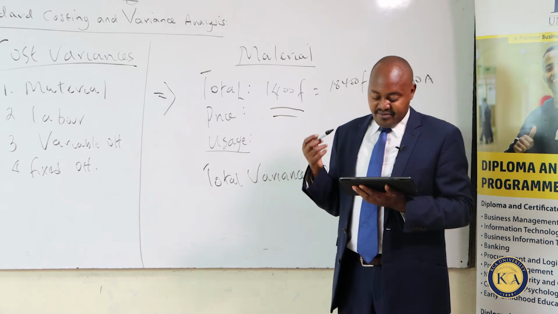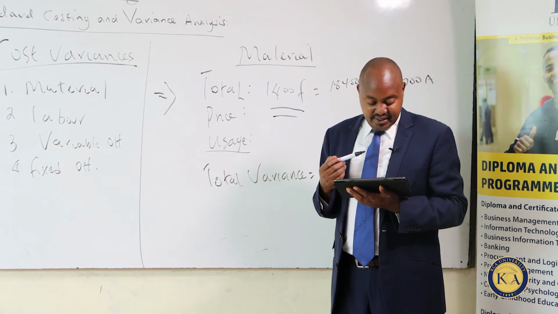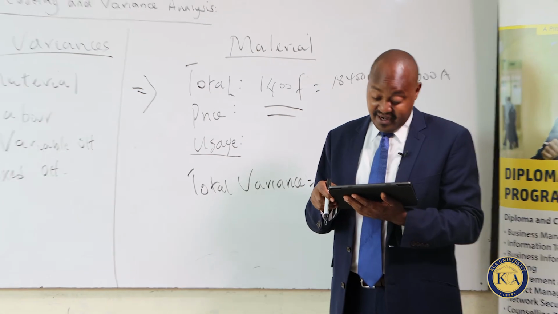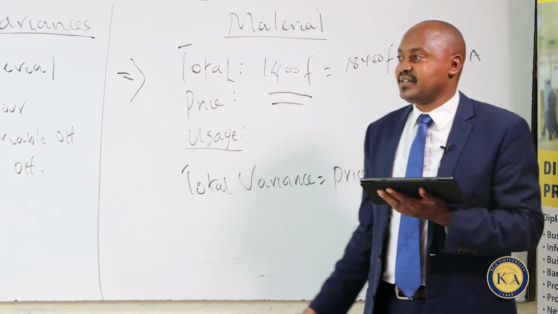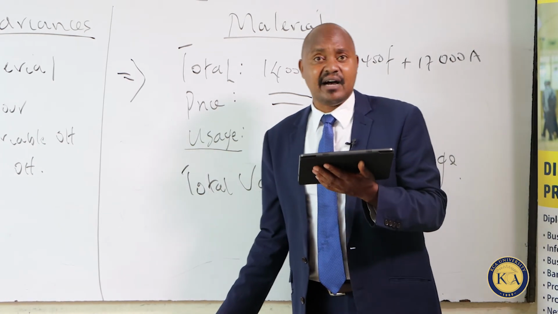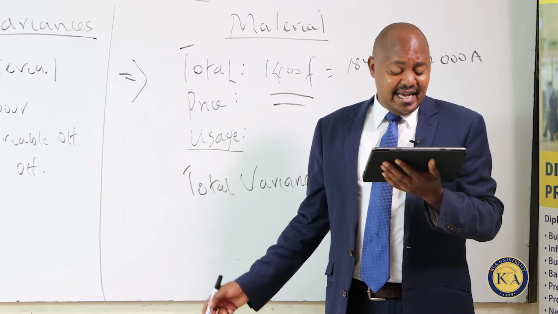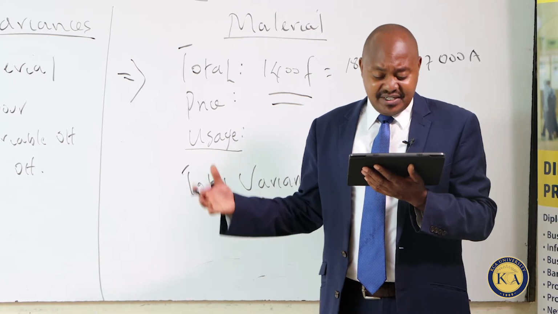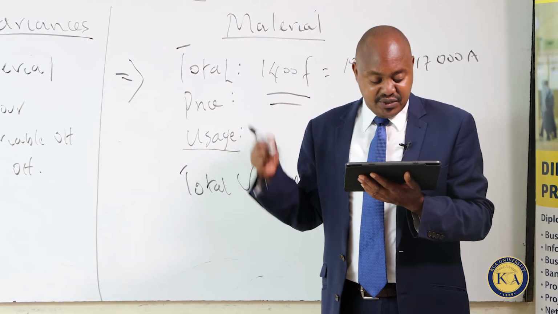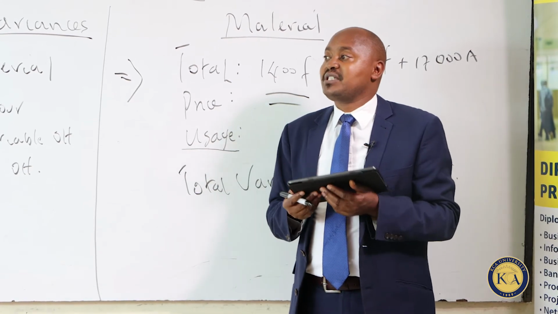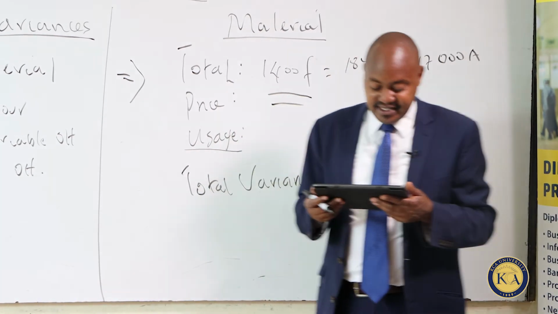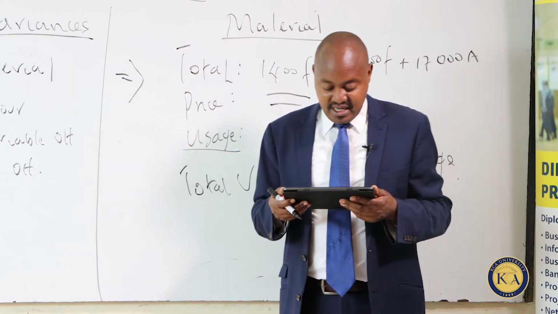So we find out what will be the total variance first, because total variance will be the first one for us to compute. And according to this question, we need to know what the output of 1,000 units should have cost in terms of labor, and what that output actually ended up costing in terms of labor.